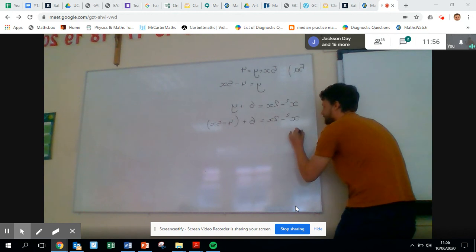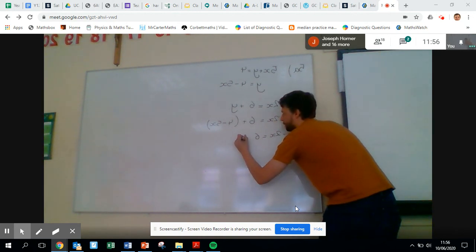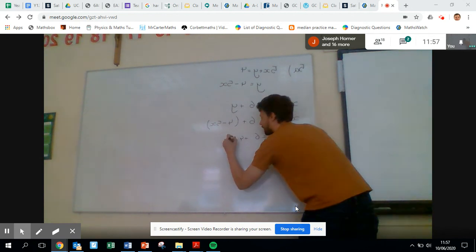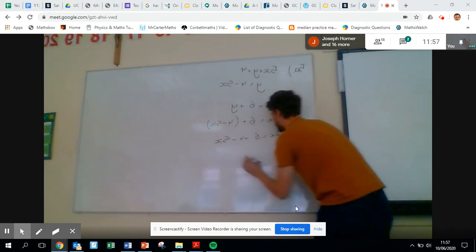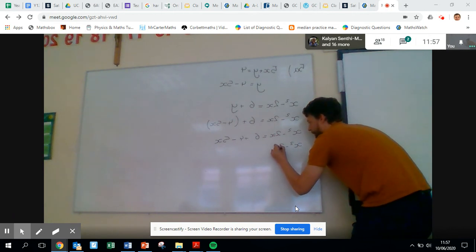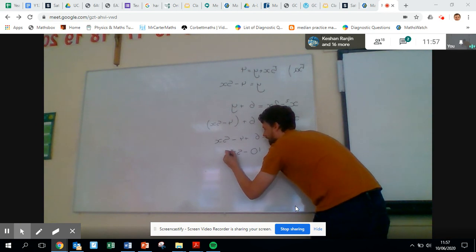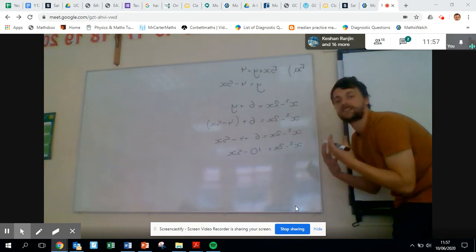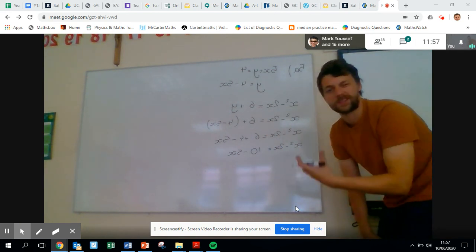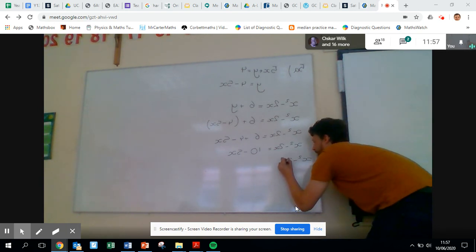So x squared minus 2x equals 6 plus 4 minus 5x. X squared minus 2x equals 6 plus 4 is 10 minus 5x. And then let's bring it all onto one side to give it equal to 0, and then we can solve it as a quadratic equation. So x squared minus 2x.